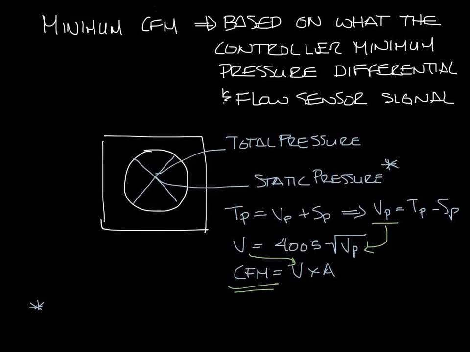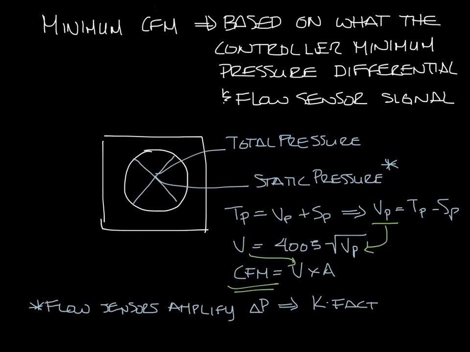So the higher you can make the difference between the total pressure reading and the static pressure reading, the better. What you do as a manufacturer is design your flow sensors so that you amplify the difference between these two signals. By doing this, you create a greater differential pressure, which allows you to read to lower CFMs.